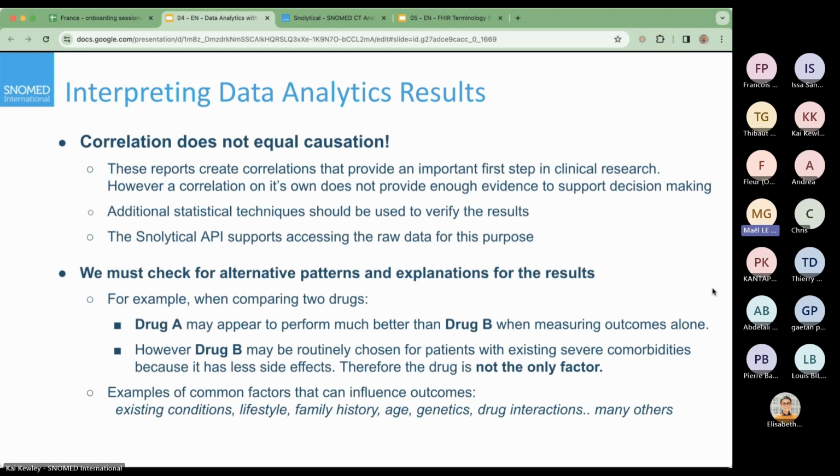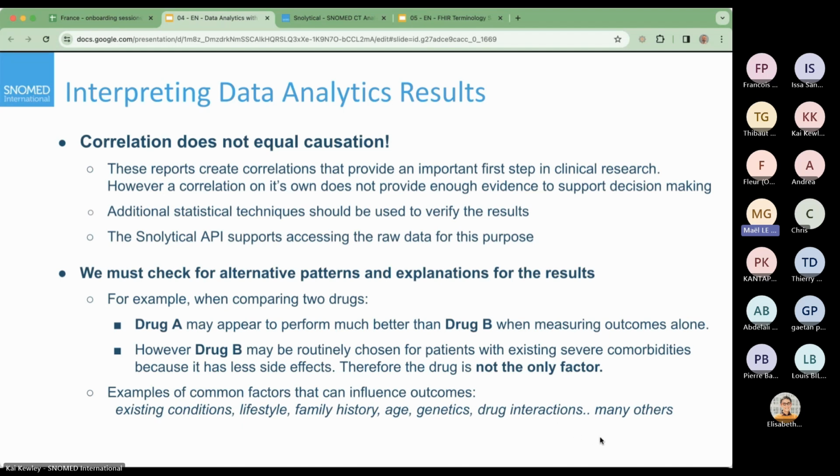I have to show this slide because not everyone has training in statistics and data science. Of course, correlation does not equal causation. There can be alternative explanations for the results. Examples of common factors that can influence the outcomes of these types of reports are existing conditions, which you may not have been considering when you ran your report, patient lifestyle, family history, age, genetics, and drug interactions.